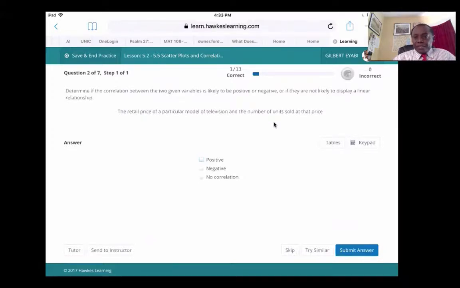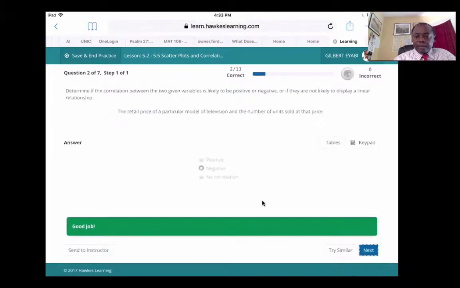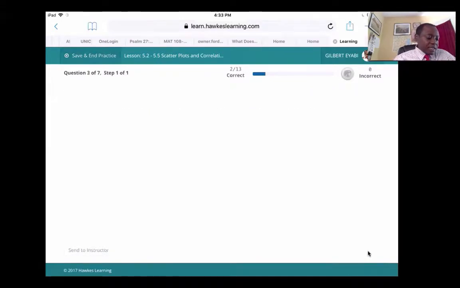As the retail price increases, does the number of units increase or decrease? You could argue this in several ways, but in general, if the retail price increases, the number of units sold would decrease, and that would mean a negative correlation. That is correct. Now let's move on to the next.